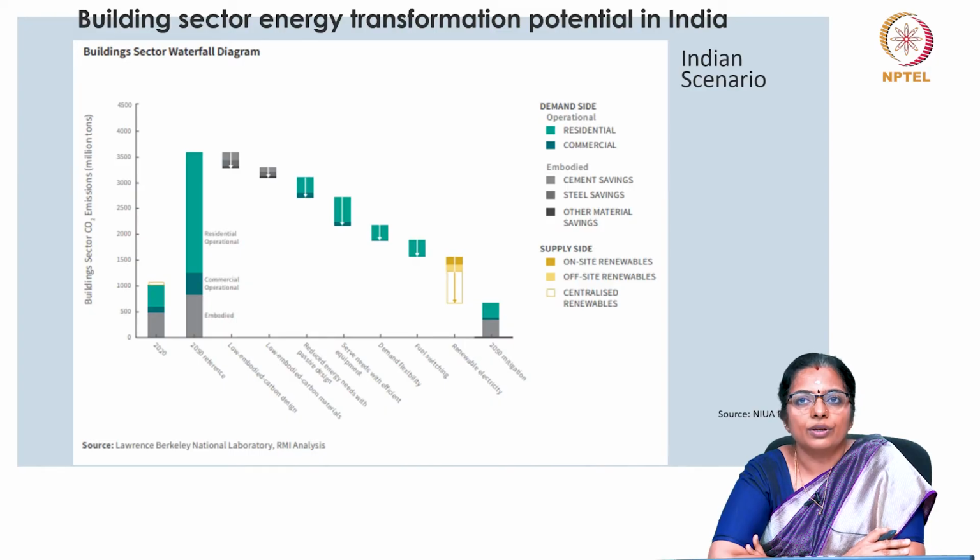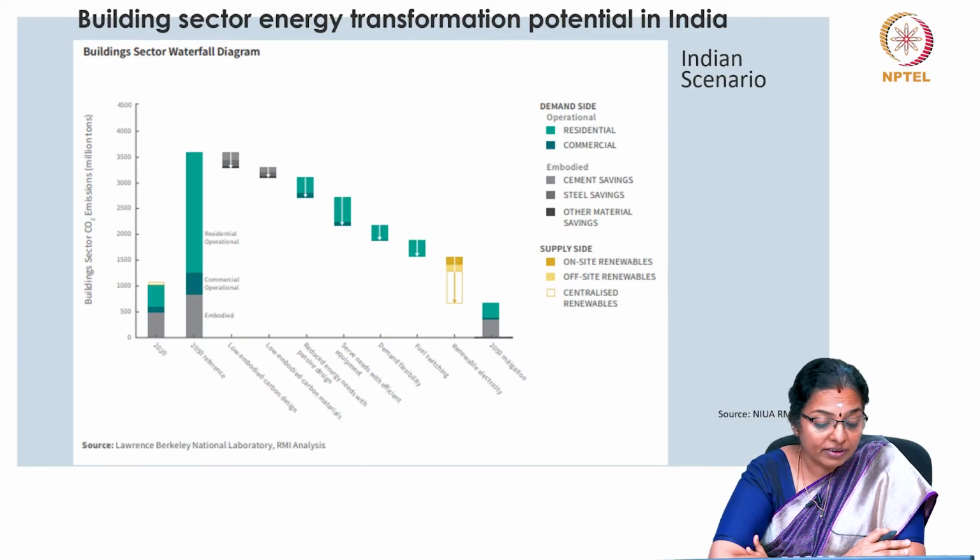Taking into account the improvements made in operational carbon and the embodied carbon that still needs to be improved for efficiency, the operational carbon emissions could decrease to 50%.